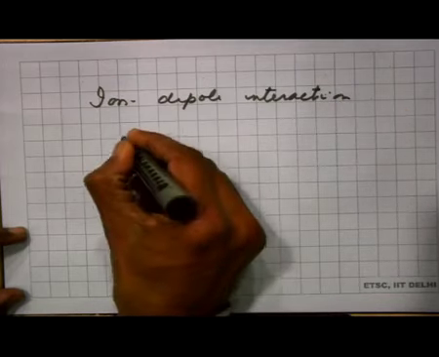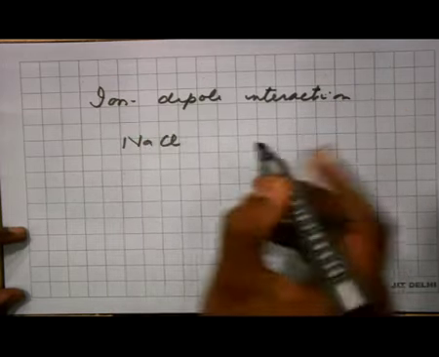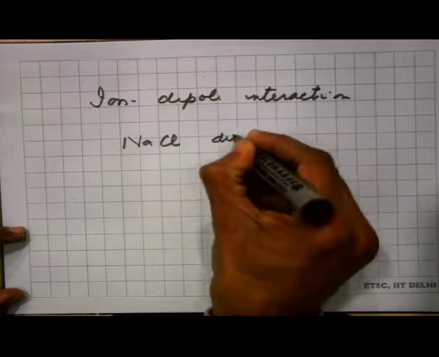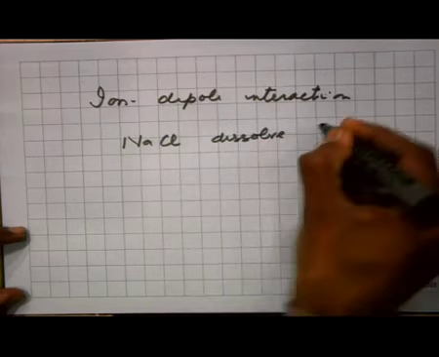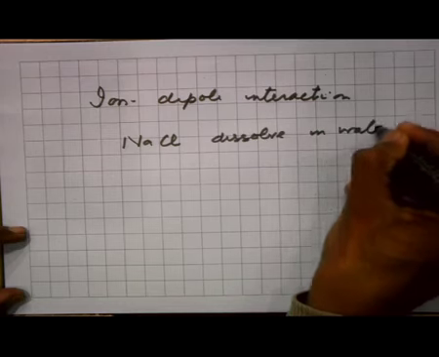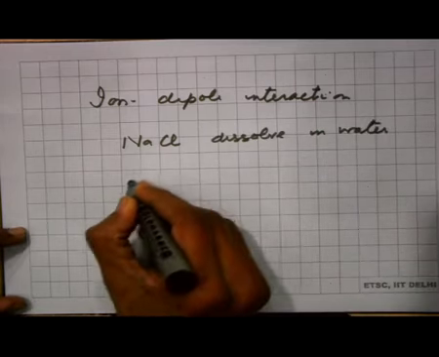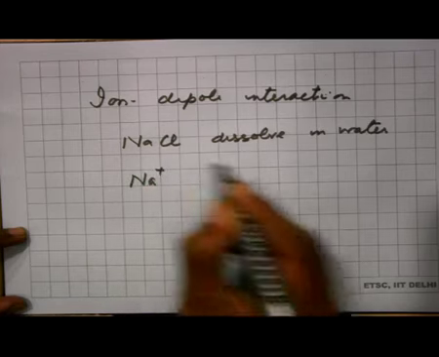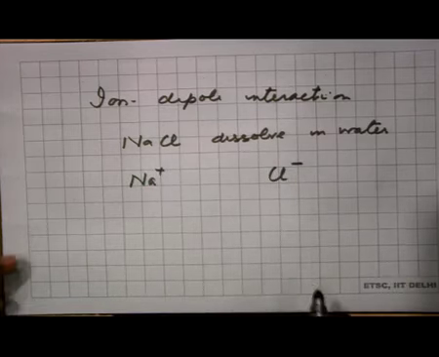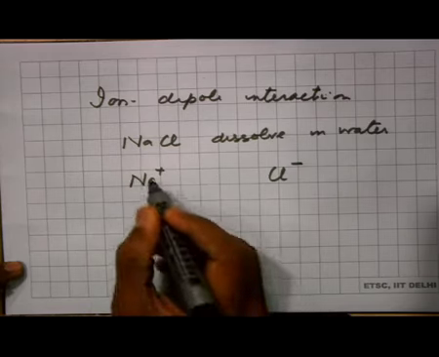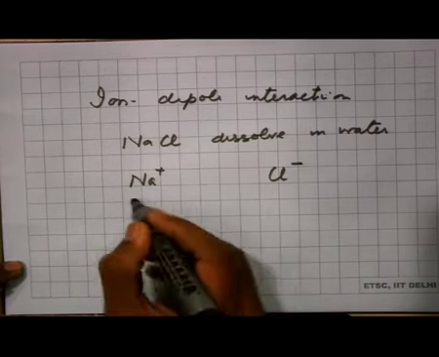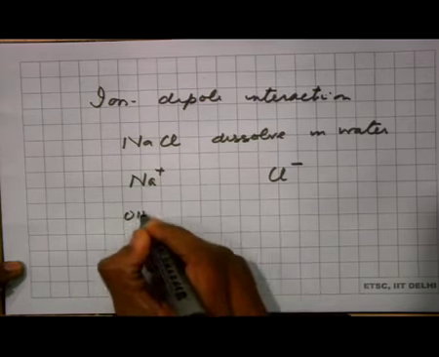If you take sodium chloride solid and dissolve it in water, then sodium chloride will dissociate and give you Na plus ions and Cl minus ions. And each of these ions, sodium and chloride ions, will be surrounded by water molecules.